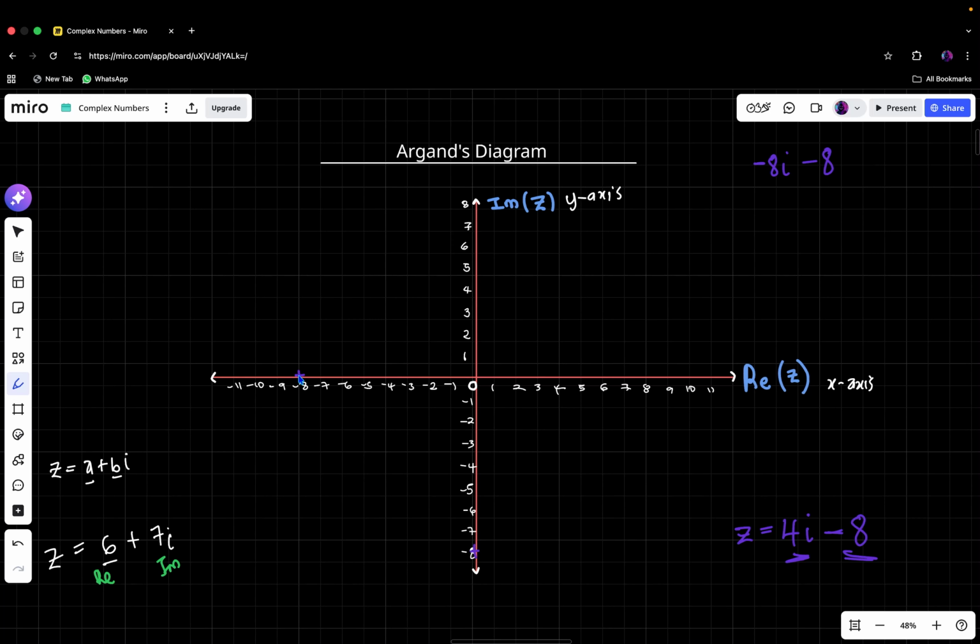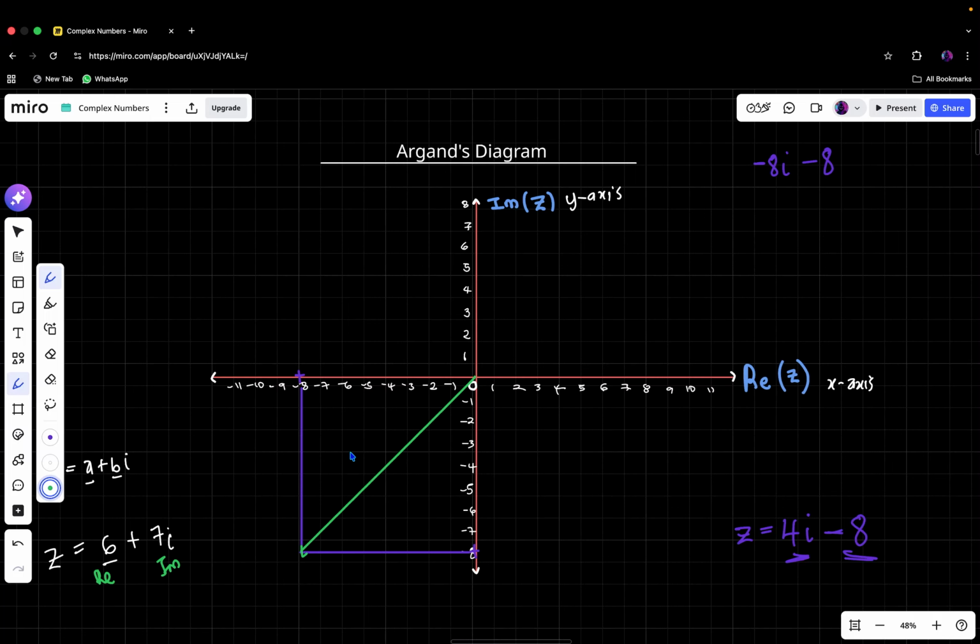So we trace it down, or if you don't want to trace it down, just eyeball it if you want to. And then the actual line would be from the origin down here. This will be your final answer. Your final answer would look like this. So, this is how we represent numbers on an Argand diagram.